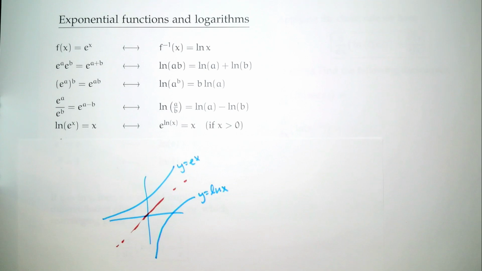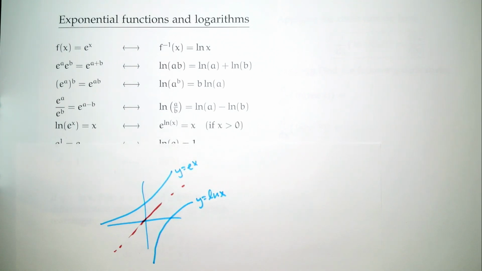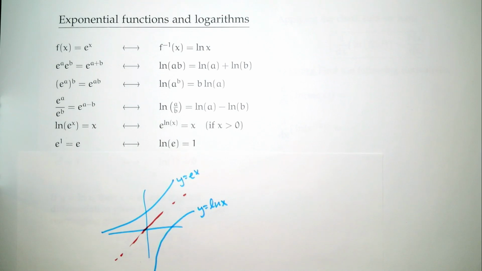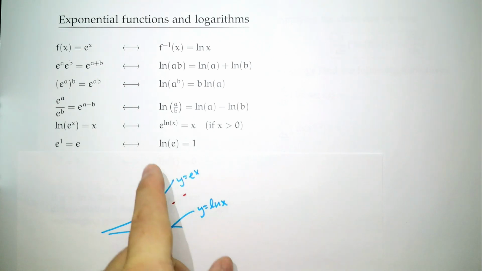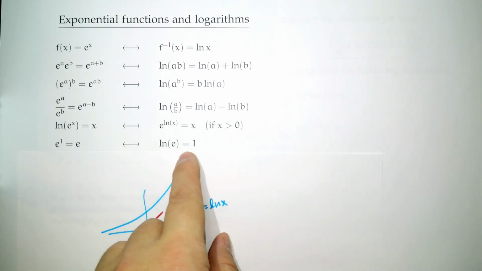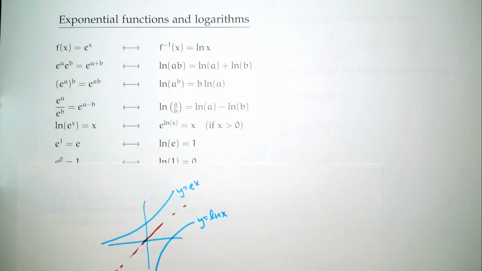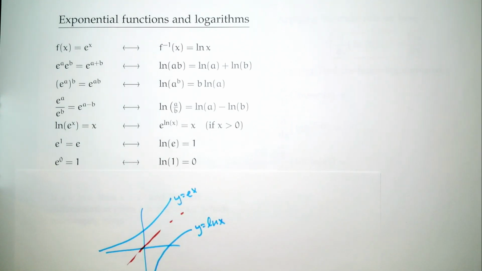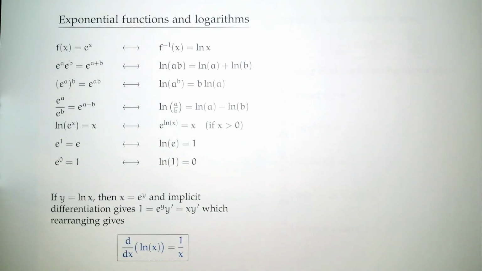If you think about the graph y equals log x, it's only defined for positive values of x. And a few more facts. We're almost to the end of our facts of logs. E to the 1, it turns out, true story, is e, which says that the natural log of the number e is 1. And e to the 0 is 1, which tells us that the natural log of 1 is 0. And now, the cool fact.